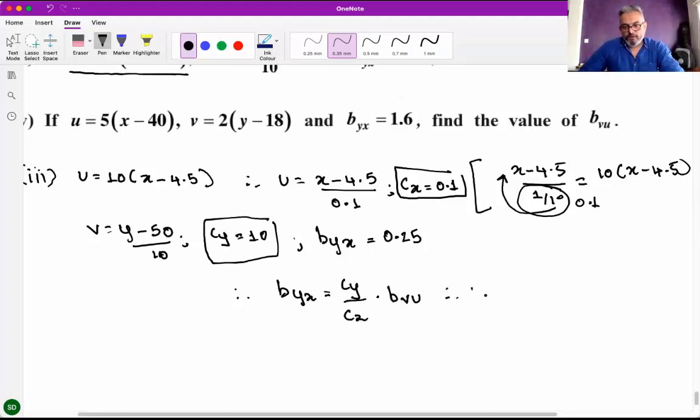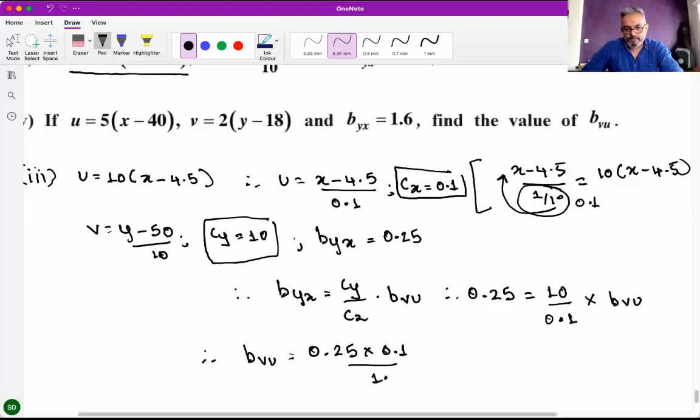So therefore 0.25 is equal to c of y is 10 upon 0.1 into b_vu. Therefore b_vu is equal to 0.25 into 0.1 upon 10, which is equal to, calculator, 0.25 into 0.1 divided by 10, 0.0025. Answer.